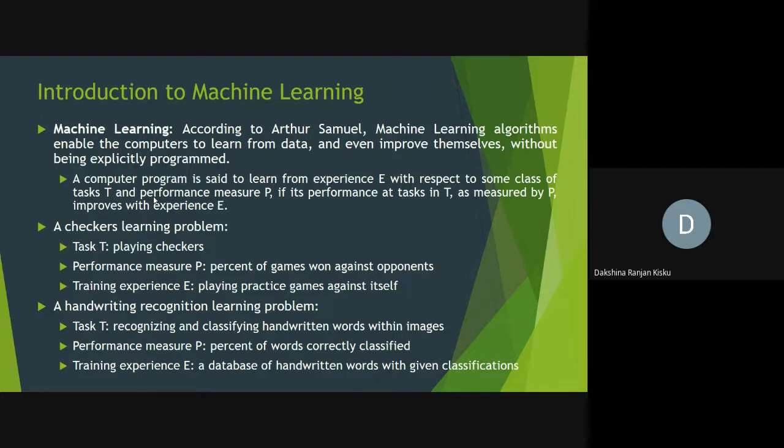So in the checkers learning problem, we can consider a task T and a performance measure P. Here the performance measure is the percentage of games won against opponents, okay, and the training experience E is playing practice games against itself. Okay. So this was considered as experience E.